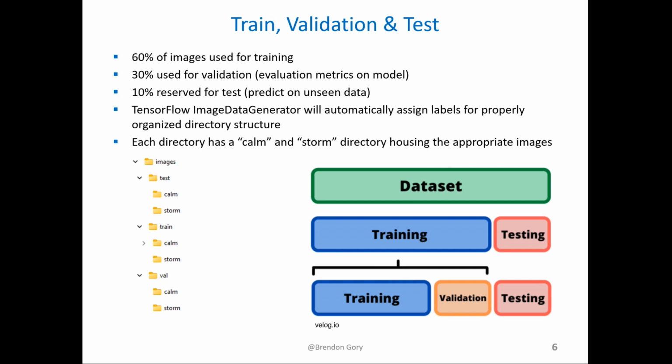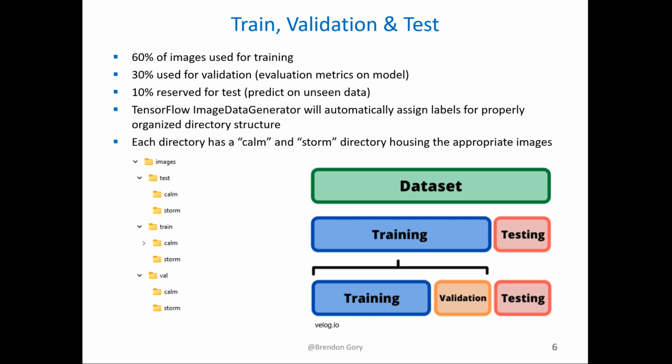To set up the directory for the CNN models, it's going to follow a standard train, validation, and test directory. We are going to have 2 directories under each folder named CALM and STORM. The reason we're doing this is because the image data generator under TensorFlow has the ability to assign labels just based on the folder structure, which is very convenient when feeding the images into the CNN model.